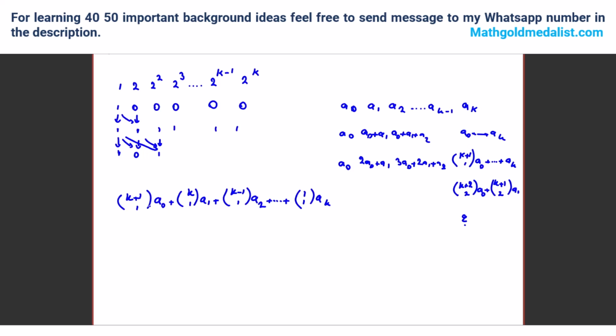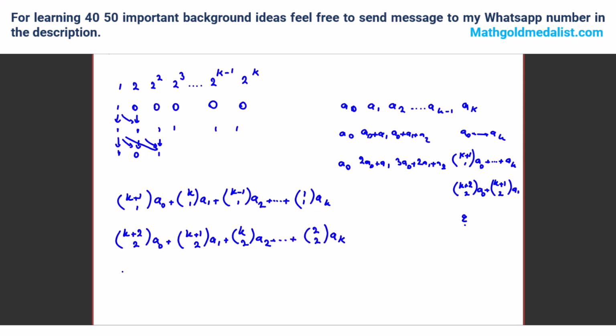And k plus 1, k plus 1, k plus 1. Next line will be what? It will be k plus 2 choose 2, A0, plus k plus 1 choose 2, A1, plus k choose 2, A2, to 2 choose 2, Ak, right?